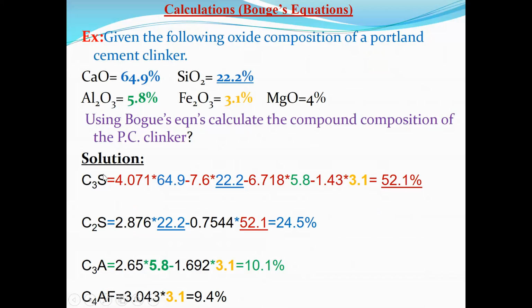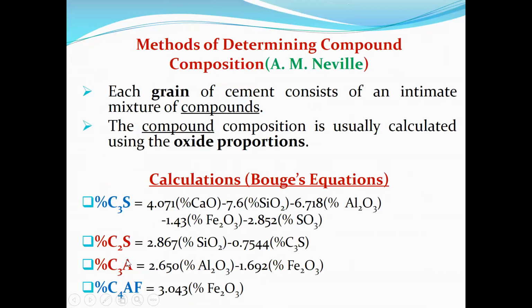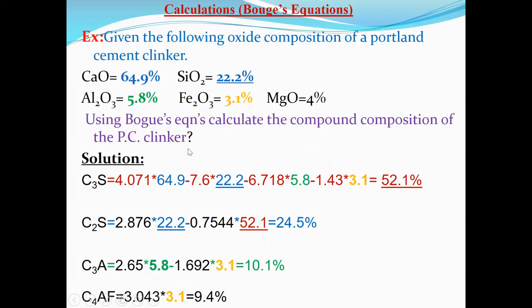The formulas for C3S, C2S, C3A, C4AF are given, and if you use these values in the formula, these coefficients are constants. 64.9 is calcium oxide, then silica, then alumina, and ferric oxide.